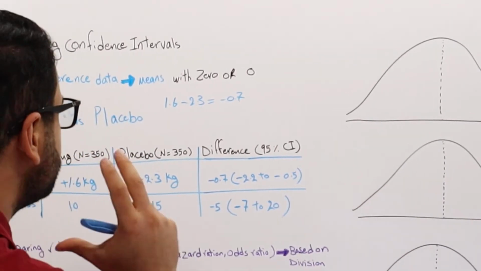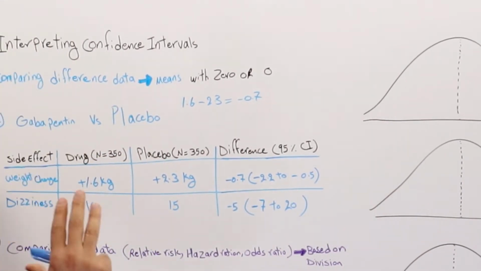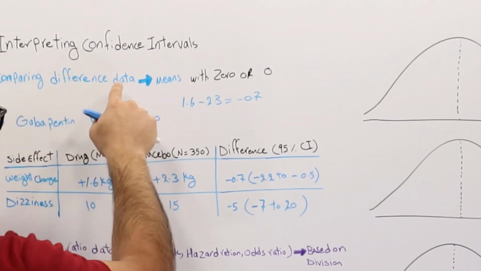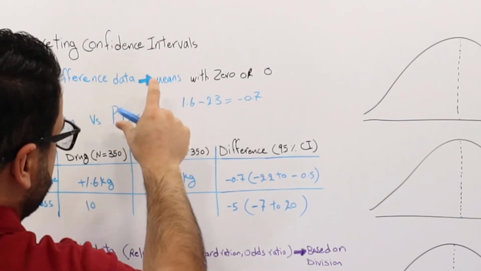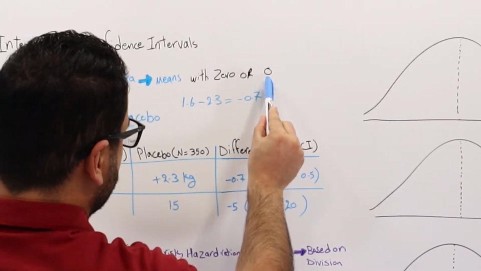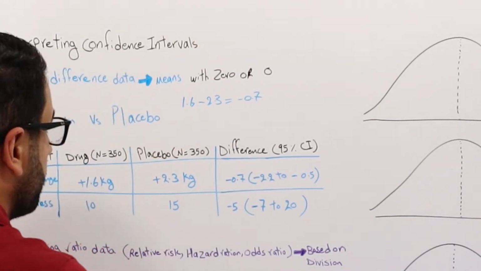Always remember, this is very important, this is what I want you to remember: when it comes to interpretation or comparing the differences, which are the means between the two groups, we want to keep in mind the zero. Why is the zero super important in this case?